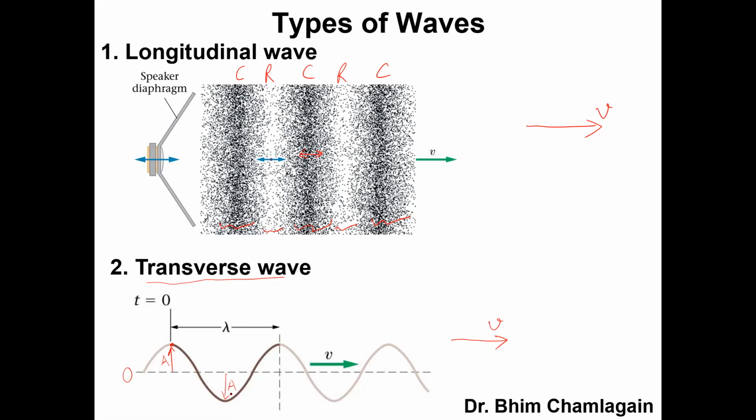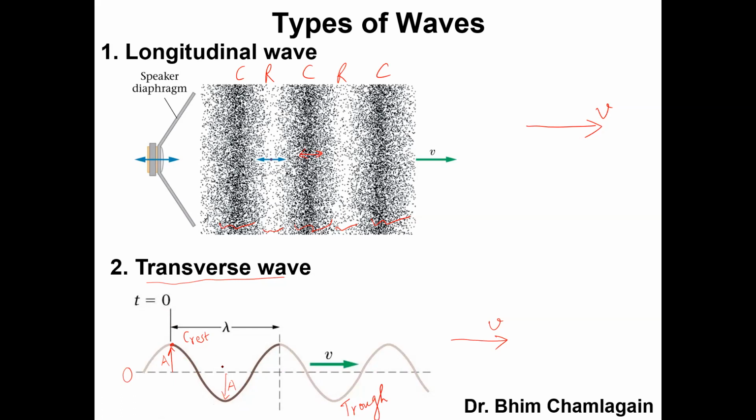The maximum displacement on the upside is called the crest, and the maximum displacement on the bottom side is called the trough.